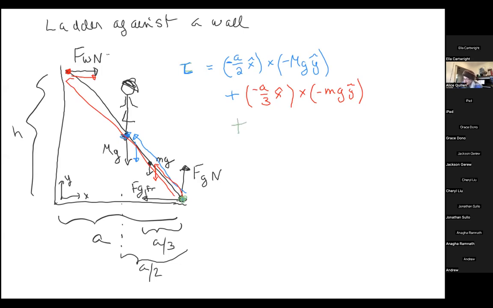So I only need the, oh, right. Now the force is in the horizontal direction. So I need the vertical component of r, right? So I have h y hat cross F wall x hat. There. So x hat cross y hat is z hat. So let's just figure out all the signs for everything. So this, let me put it in blue again.